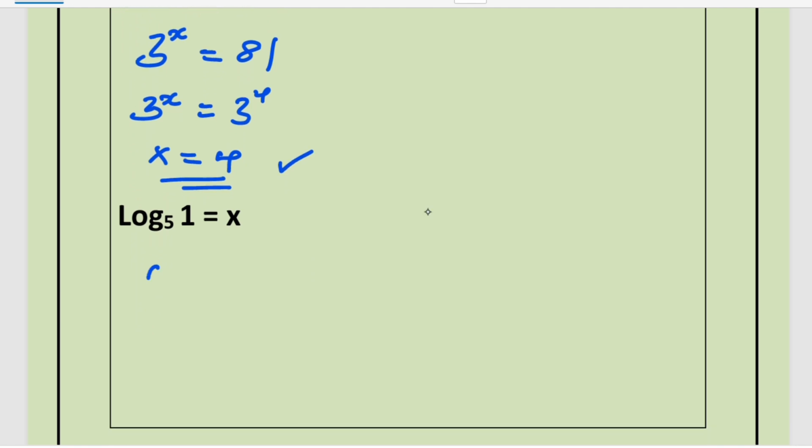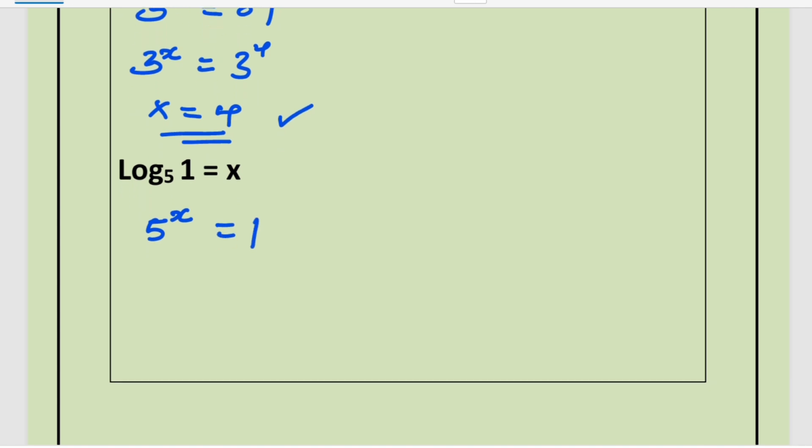So our base is 5, the power is x, equate this to 1. So express 1 to base 5, 5 raised to power x is equal to 1. We know that a number raised to power 0 is equal to 1. So therefore we are going to say that this was 5 raised to power 0, because any number raised to power 0 is 1. So in this case, it means that our x was therefore 0.